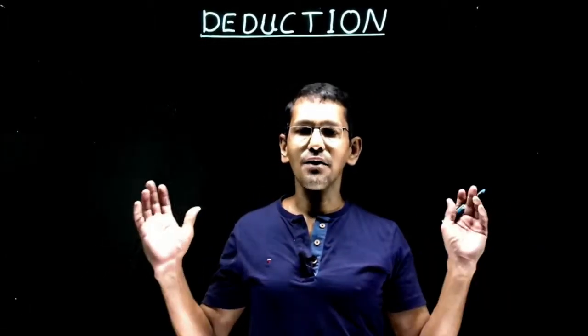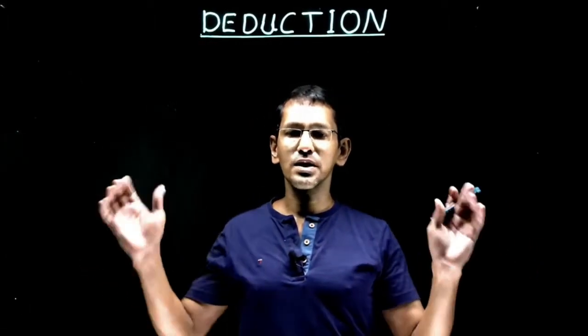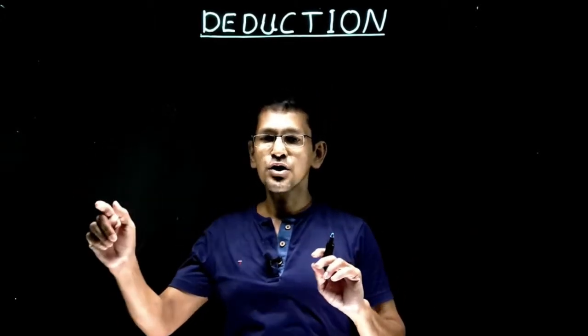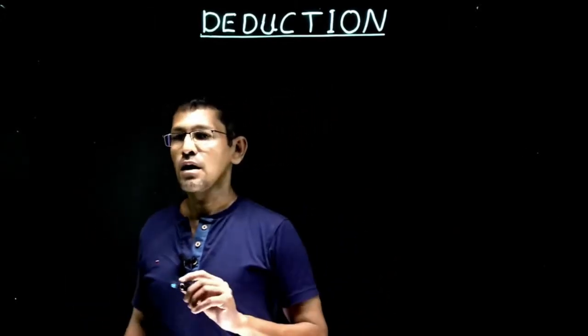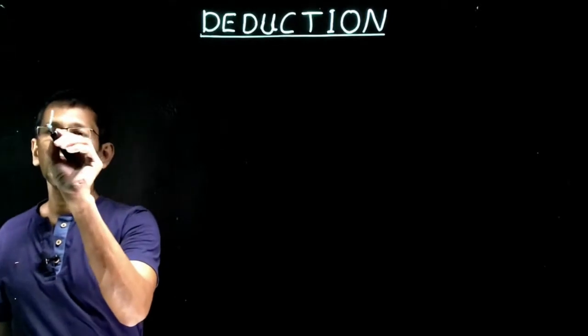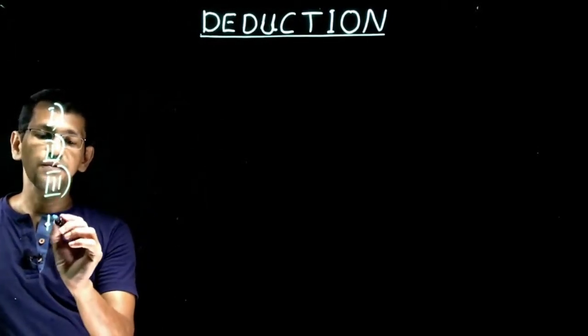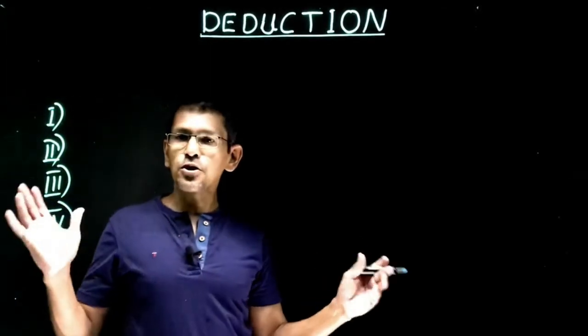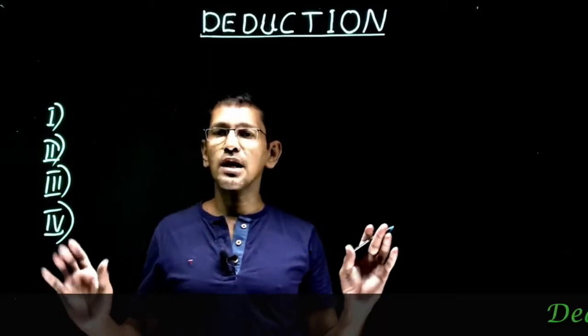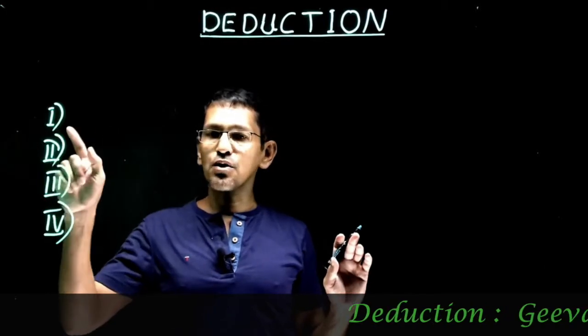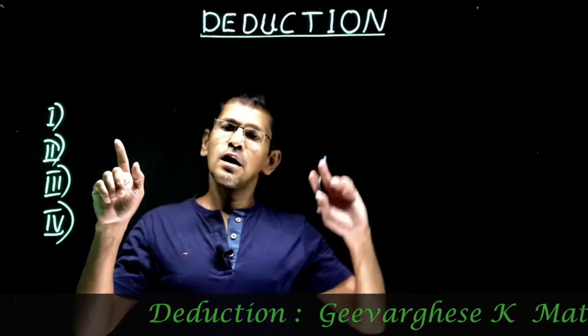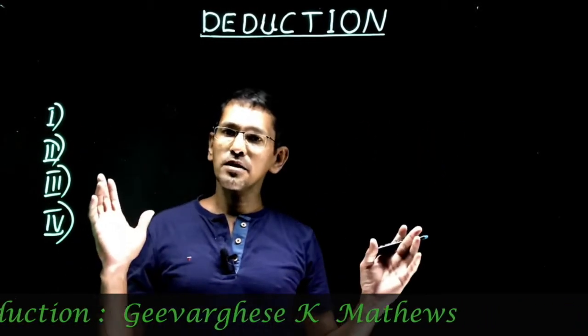Now let's say we have a number of conclusions given. Conclusion number 1, conclusion number 2, conclusion number 3, conclusion number 4. What we are supposed to do, as we have mentioned earlier, is check these conclusions with the basic diagram. Where do we get the basic diagram?